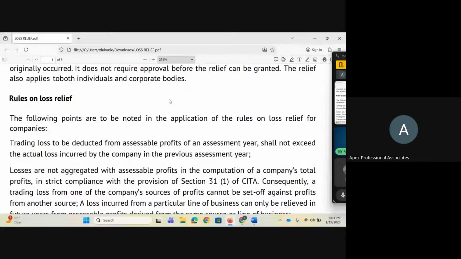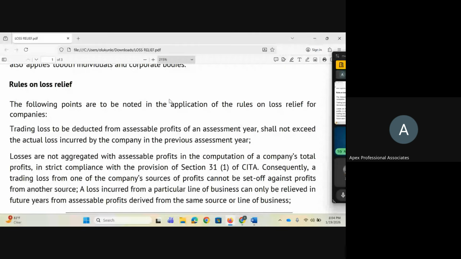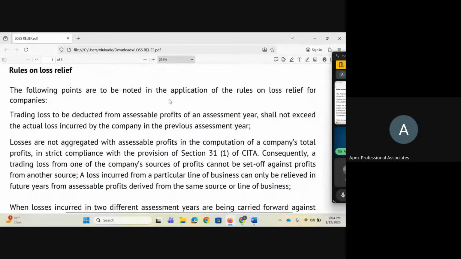But before, there was repetition of dates, and if there were losses all through that period, the losses would be added on each other. That simply means you would have more than the actual loss made. So the law is saying you should not take more than the actual loss made.